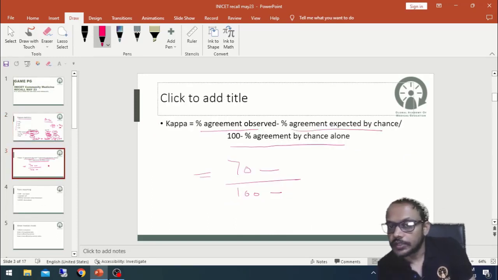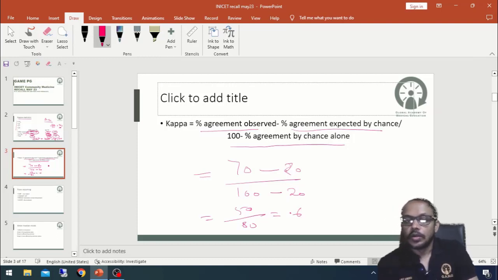So, 70 minus 20 over 100 minus 20. So, we can see here the value is 50 by 80, that is near about 0.6.